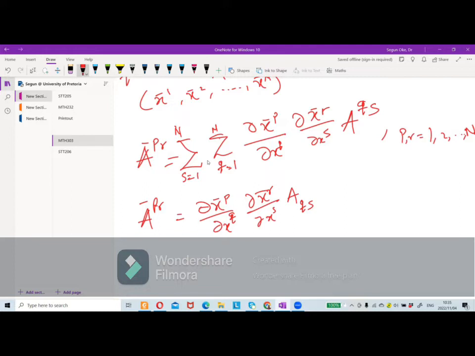So this is where you have the second rank. This definition, we use it at the second rank. That's why we call it second rank.